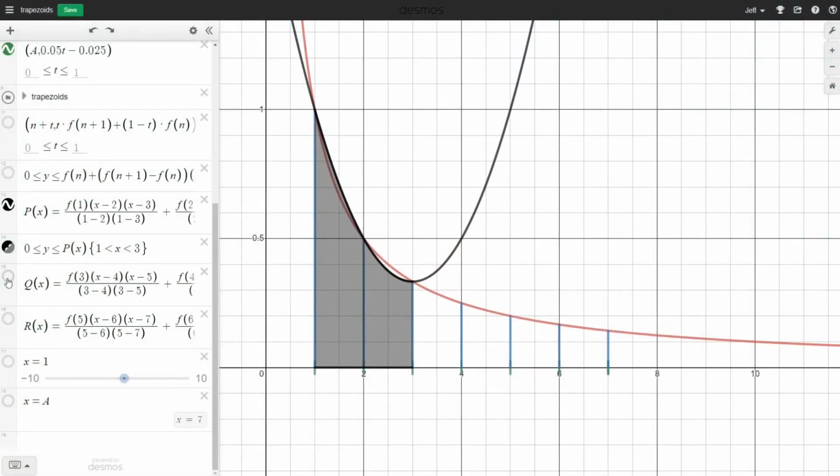We then construct a polynomial that fits through the next 3 points, 3, 4, and 5, and the 3 after that, 5, 6, and 7, and we find the area under each parabolic piece, which we can do with the fundamental theorem of calculus regardless of what the function f of x is.